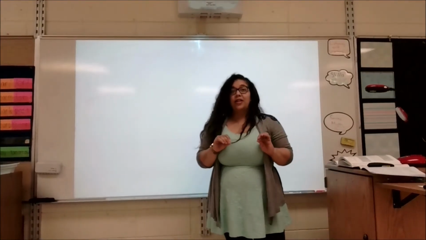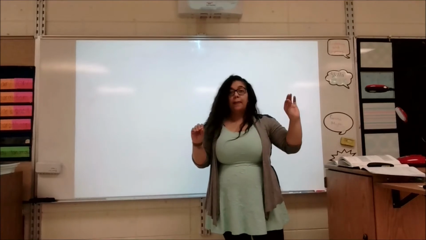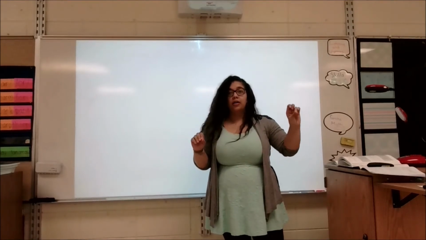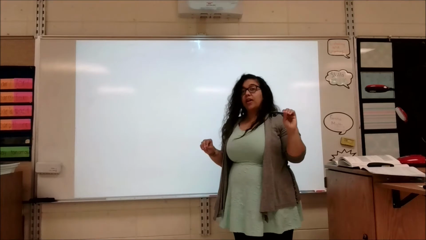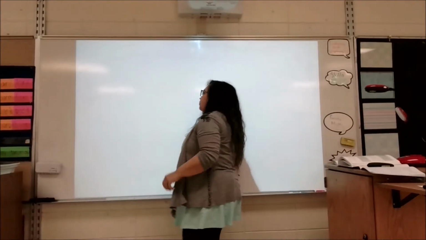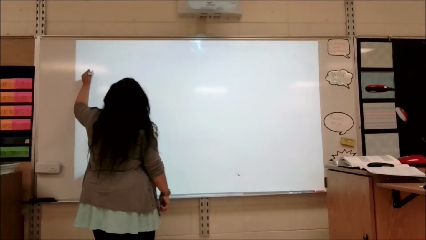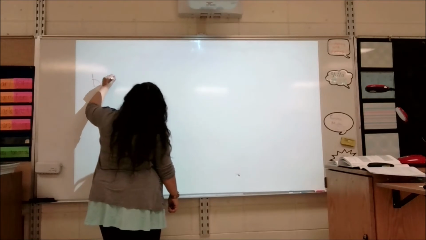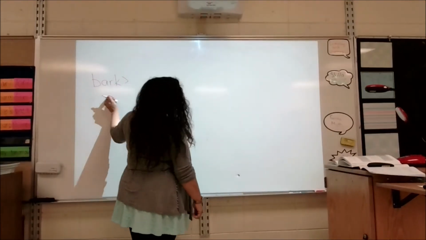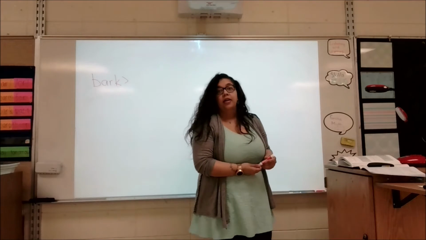Okay, so the first word in our chain is going to be bark. B-ark. Bark. Let's go ahead and write the word bark. Good job. The word is bark. Excellent.